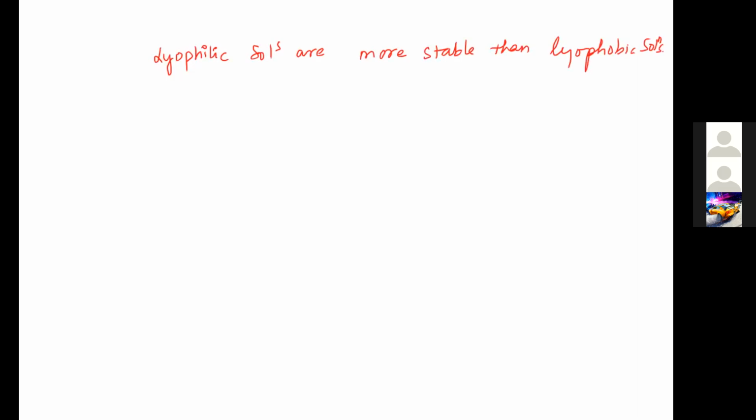Because there is affinity, there is a solvent layer around the particles, and that is nothing but hydration. In a lyophilic solution, there is water surrounding the colloidal particles. To coagulate a hydrophilic solution, we have to add a dehydrating agent to remove the water first, and then add an electrolyte to coagulate it. So lyophilic solutions are more stable than lyophobic solutions for that reason.